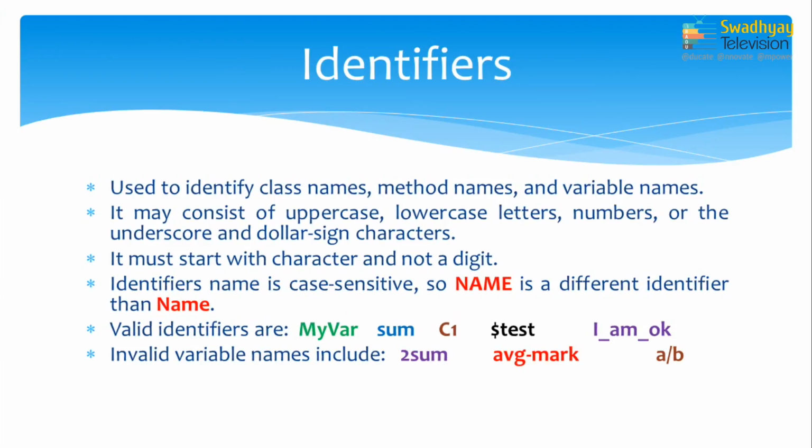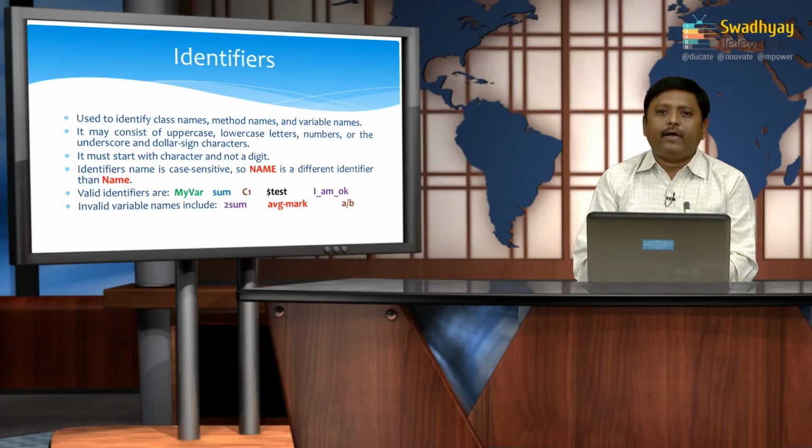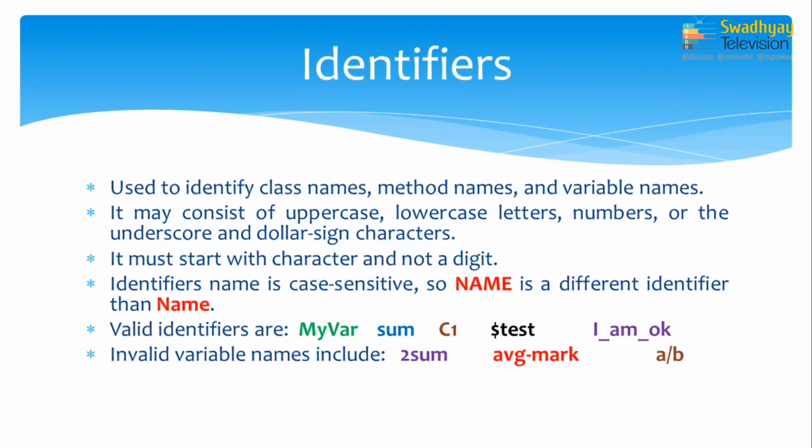Now, what is a keyword? Integer, float, double, character, these names have some special meaning. So, they are called reserved words or keywords in Java, and identifier names should not be keywords or reserved words. Now, we take some examples of valid identifier names. On screen you can see that we have myVar, sum, C1, $test and I underscore m underscore OK.